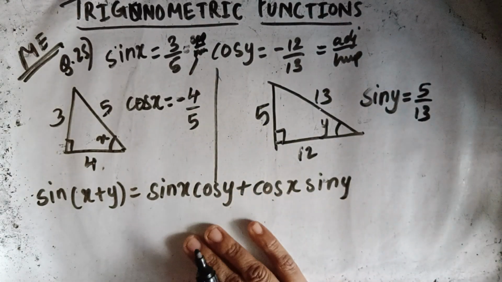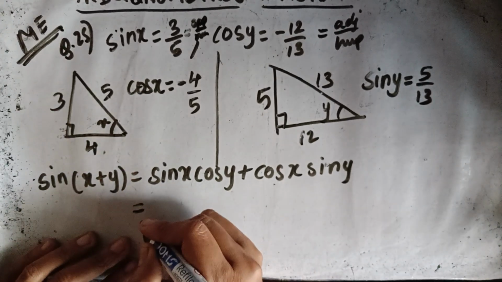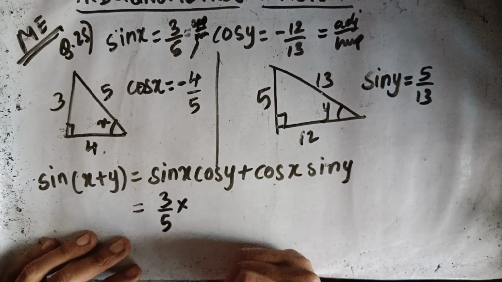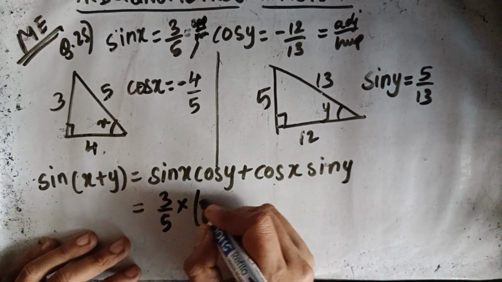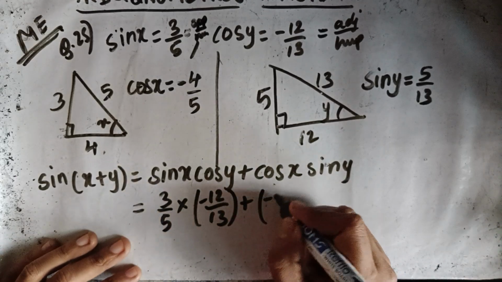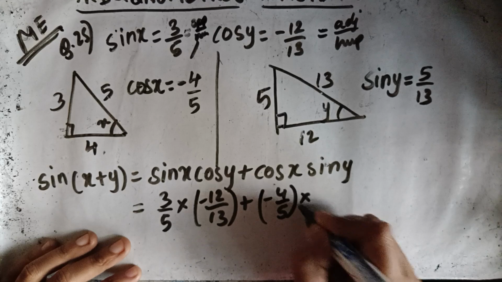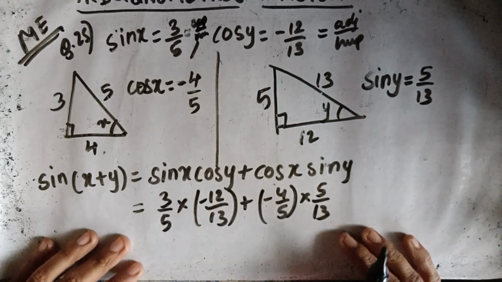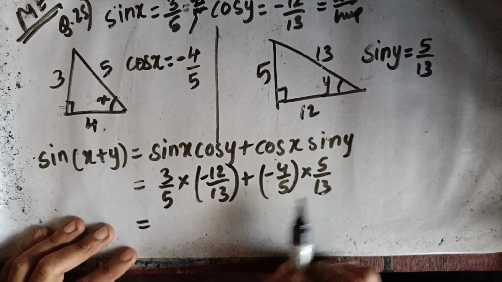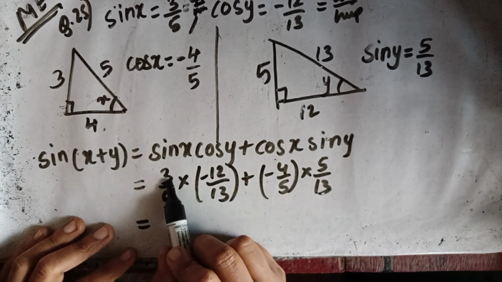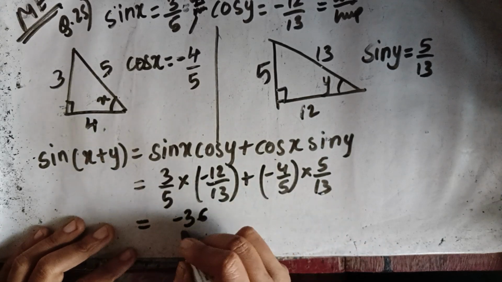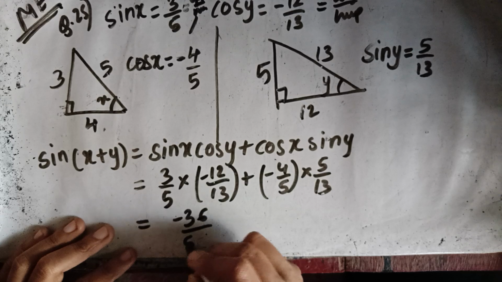Okay, now you substitute it here. So sine of x is 3 by 5, cos y is minus 12 by 13, cos x is minus 4 by 5 and sin y is 5 by 13. So denominators are same, so you only multiply the numerators. So this is minus 36 over 5 into 13.